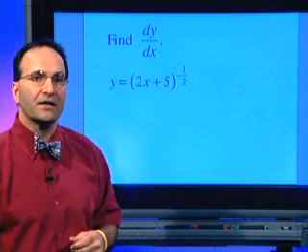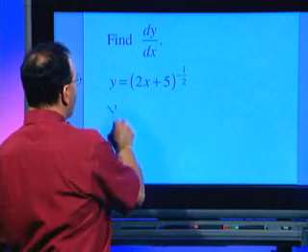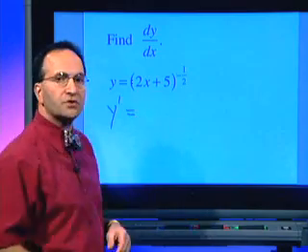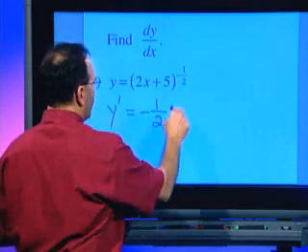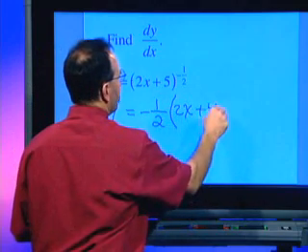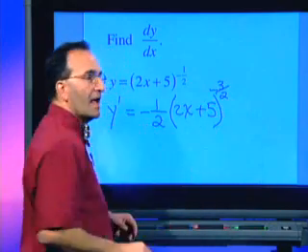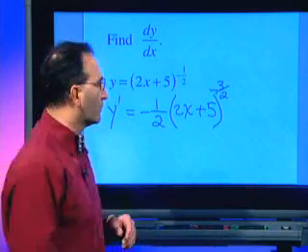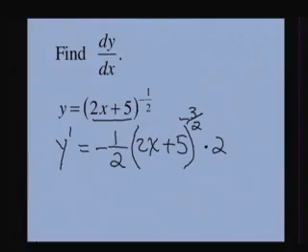Welcome back. Let's take a look at the derivative for this particular problem. So y prime will be equal to negative 1/2 times (2x plus 5) raised to the negative 3/2. And we have to use the chain rule here because of the inside function, so it's times 2.